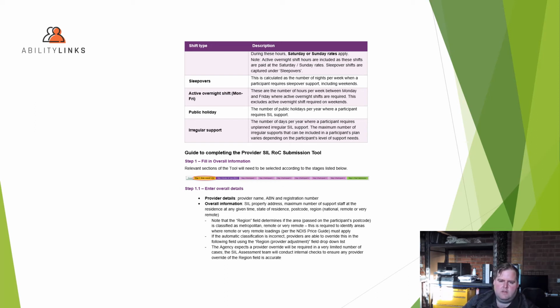That could be requiring higher levels of care or more hours to assist with different activities, and the amount that's deemed reasonable and necessary in this regard, or the 16-hour days, are varied depending on the participant's classification, and we'll go into this in a little bit more detail later on.